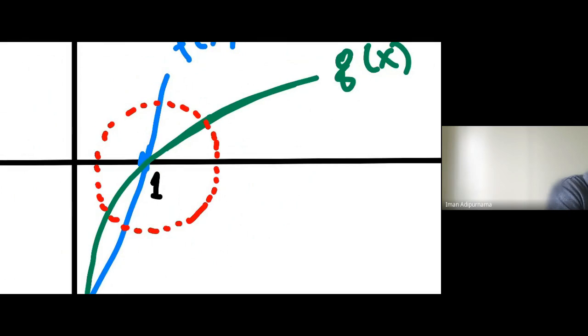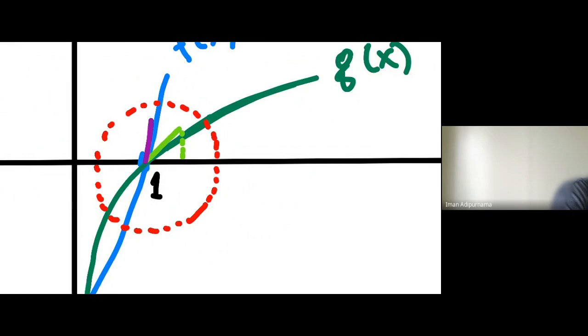So let me mark the slope. Maybe this is the slope for the green one, and maybe this is another for the f. Now if we break the slope, it becomes the components y and x.